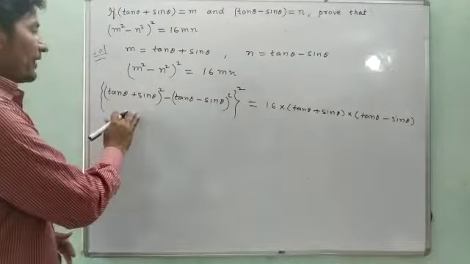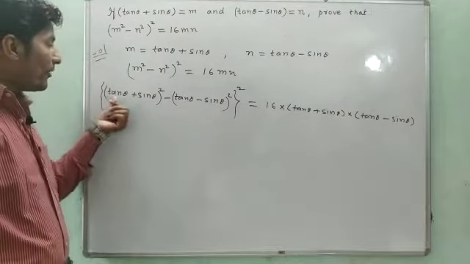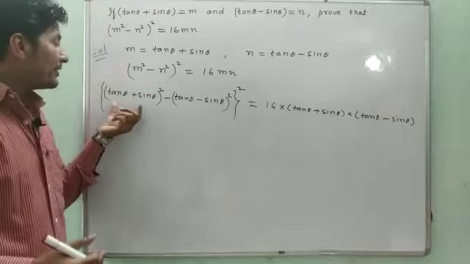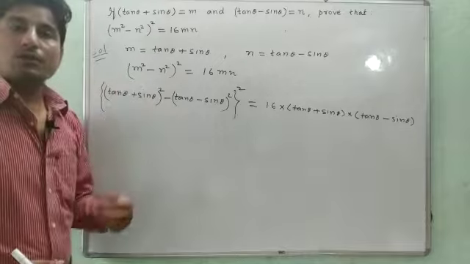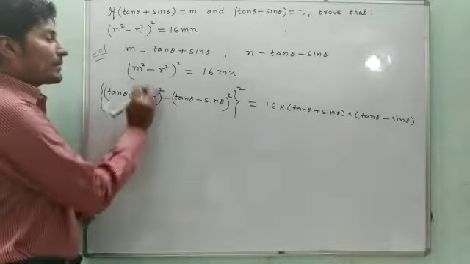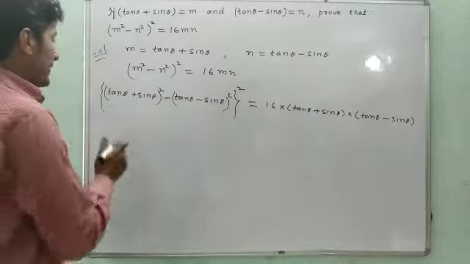Now here we can observe a square minus b square. Either we can expand this in the form of (a plus b) whole square and (a minus b) whole square, or we can use the identity a square minus b square equals (a plus b) into (a minus b). So here I am going to use the identity a square minus b square equals (a plus b) into (a minus b).